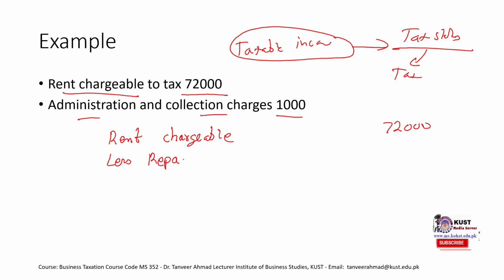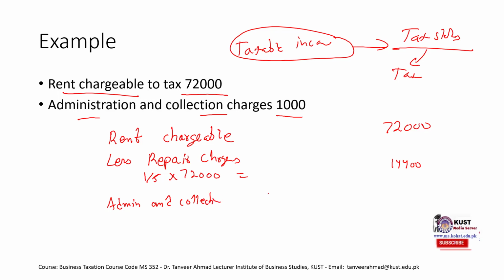They would be charged even if we haven't spent any penny on repair expenses. And the rule is 1/5 of the rent chargeable to tax. This would turn out to be 14,400. Then we have admin and collection expense.